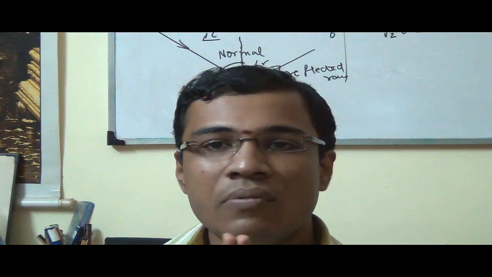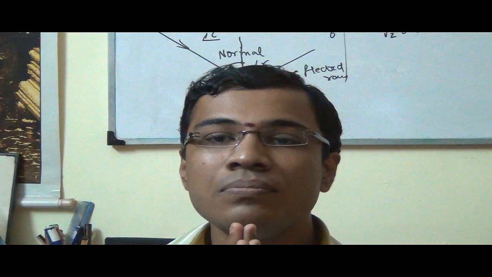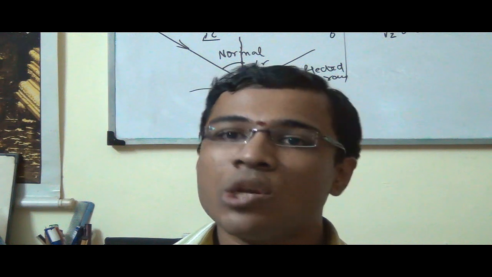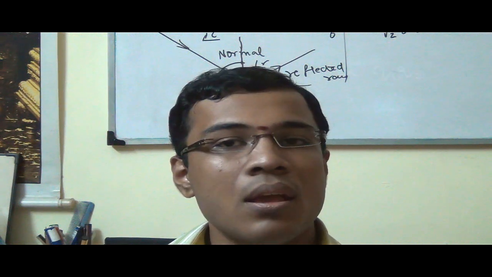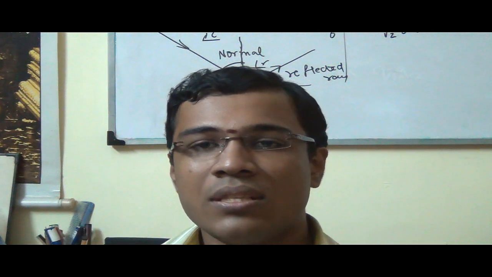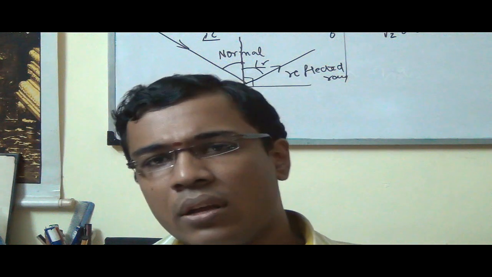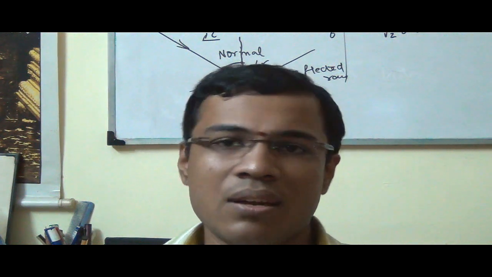Clear? With this only we are going to solve problems, write some derivations from the exam point of view, and go to the next concept of refraction after completing this. We will do some reasoning problems, give reasons for questions, which I will discuss.